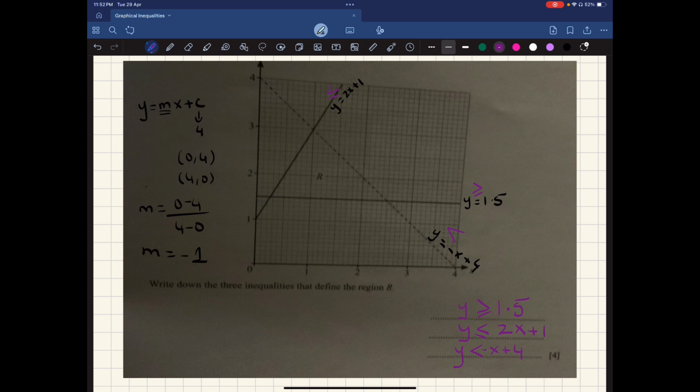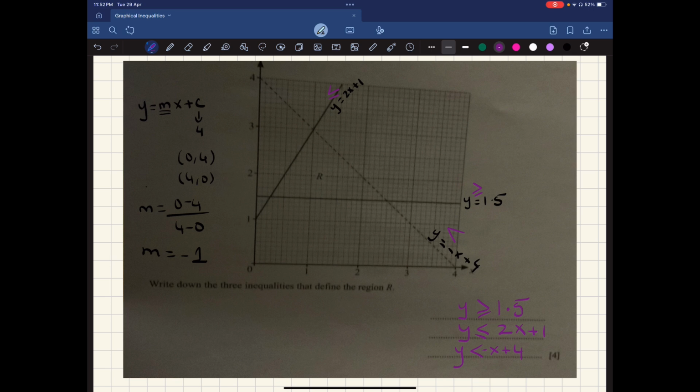I hope this question is clear, and this basically brings us to the end of this lesson on linear inequalities. Remember, you can be tested in different ways. You might be given the inequalities and asked to draw and label the lines and then shade the correct region.